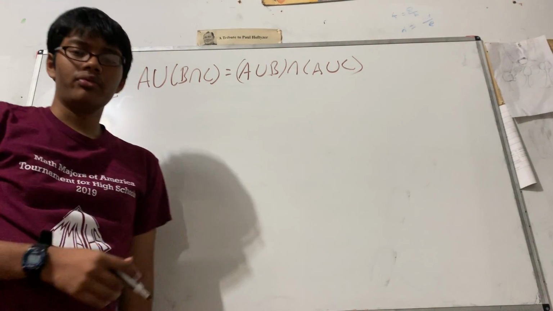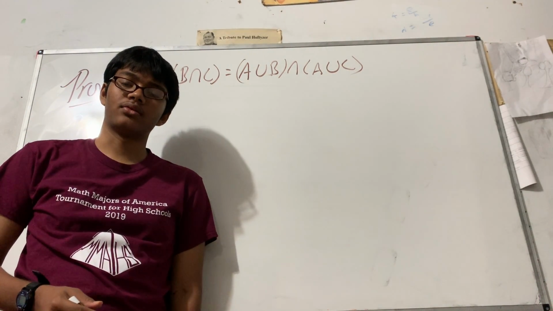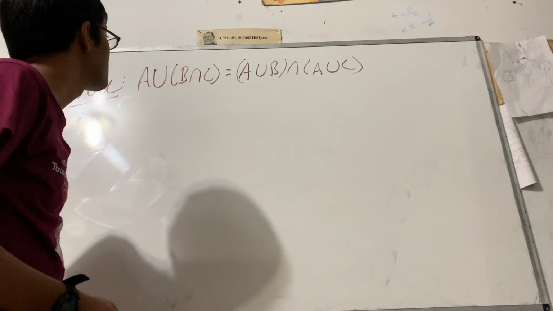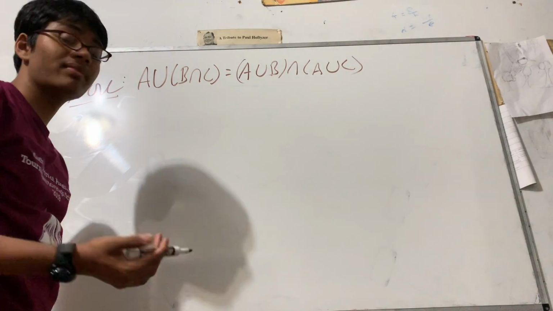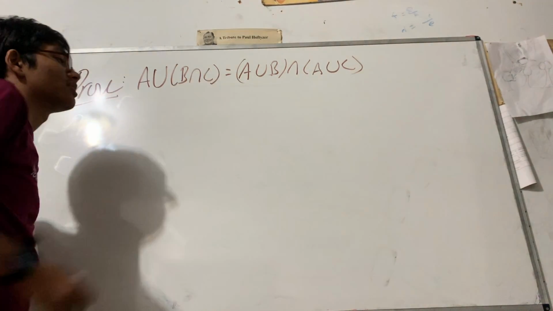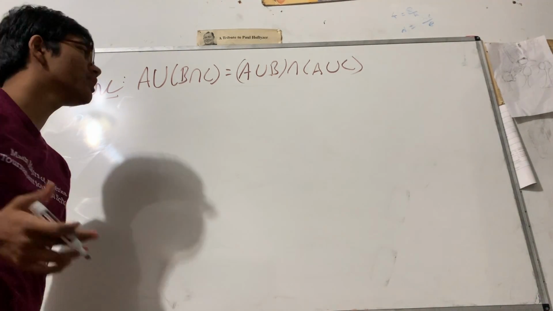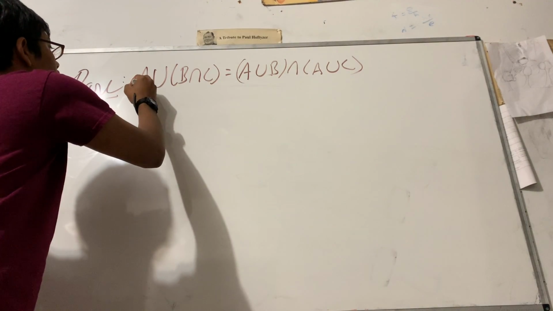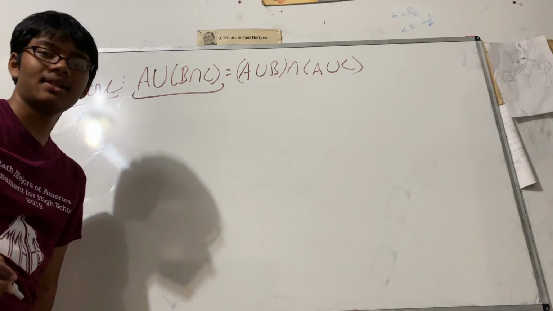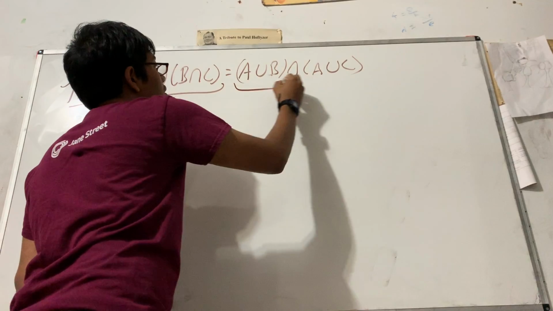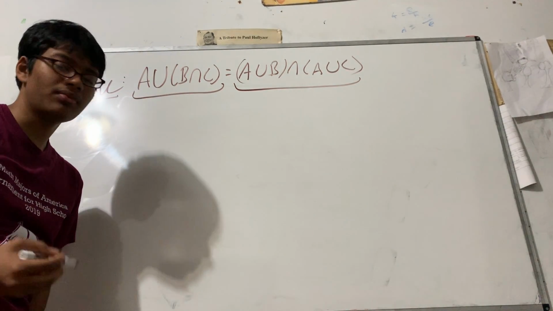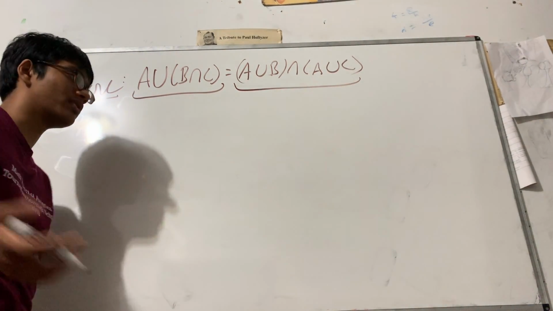Now, how can we prove that this statement is correct? There are many ways to prove that two sets are equal in set theory, but one way of doing it is by showing that all the elements of the left-hand set are in the right-hand set, and vice versa.